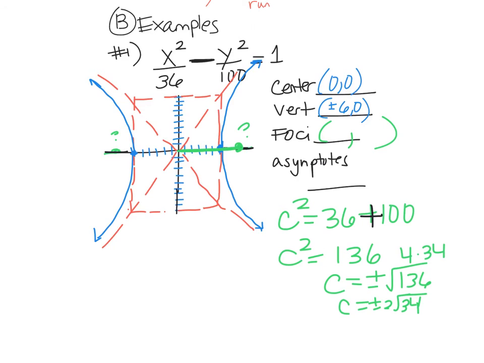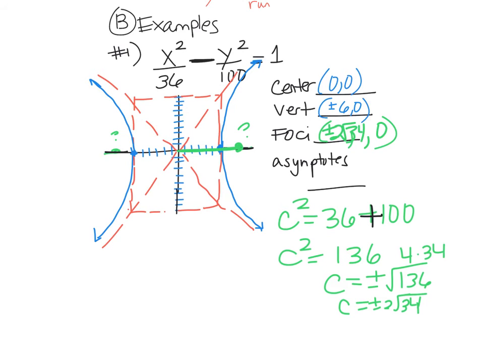But you give it an x and you give it a y. So in this case, my foci are on the x-axis. So this would be plus or minus 2 rad 34, comma 0. Okay? Plus or minus 2 rad 34, comma 0.